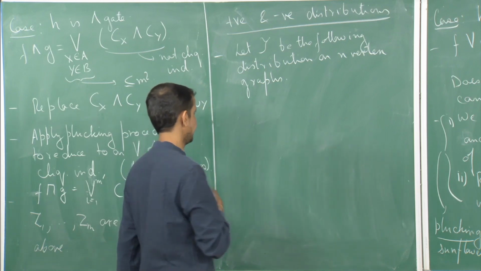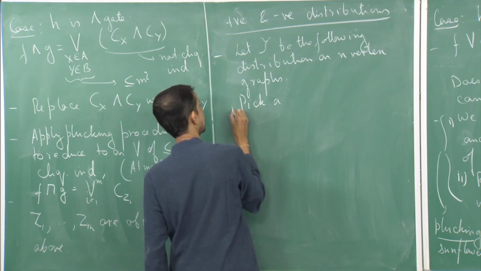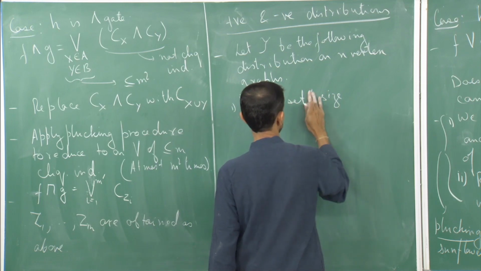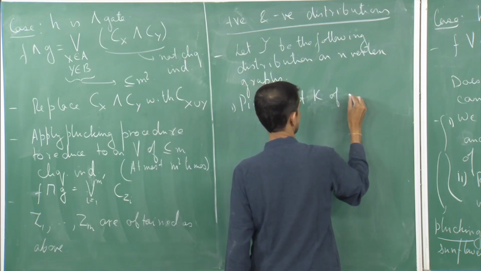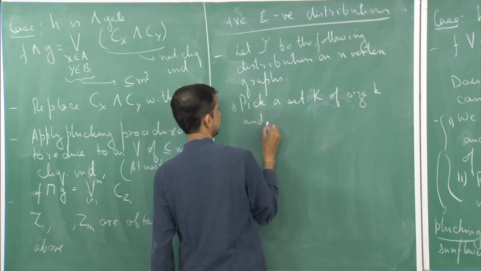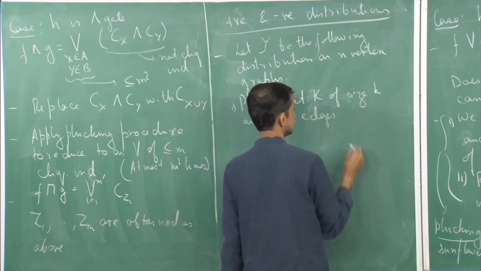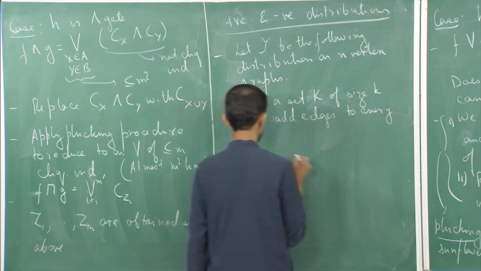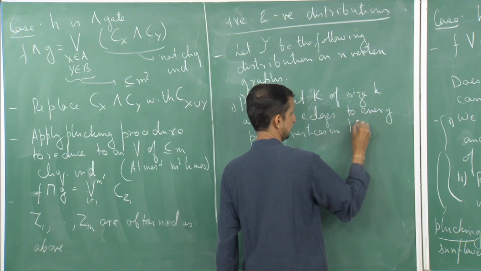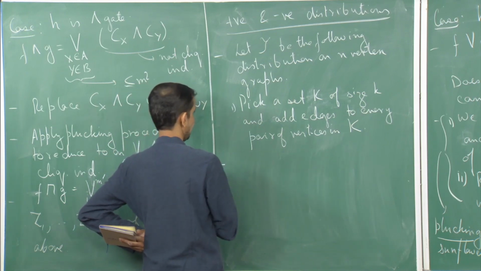Given n and k, of course n and k are inputs, pick a set, let us call it K, of size small k, and add edges to every pair of vertices in K. This is basically the y graphs.